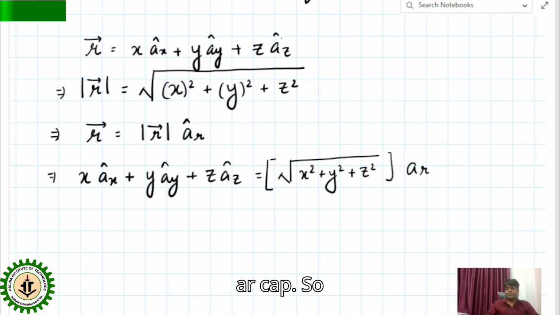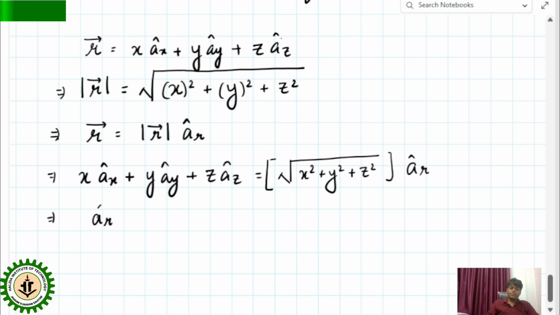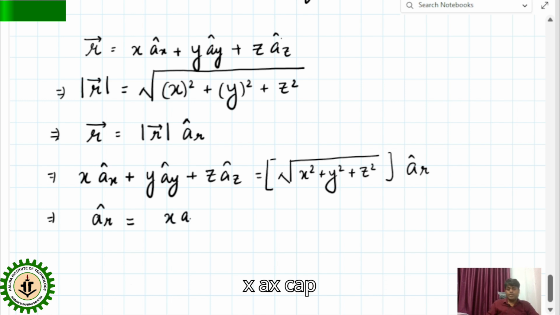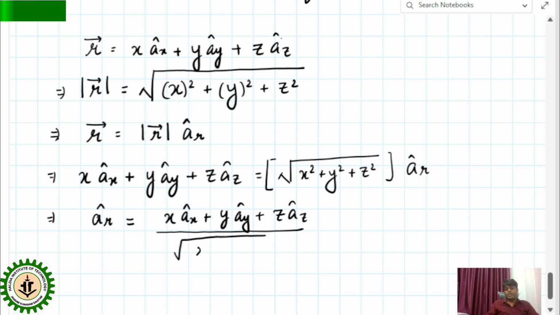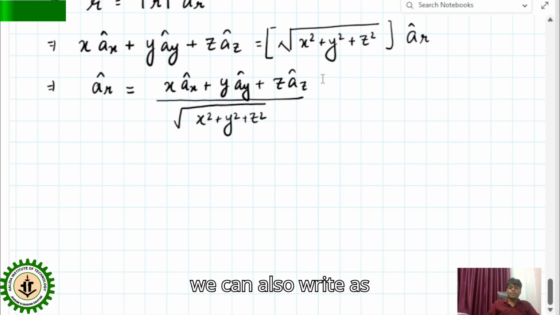So ar cap will be x ax cap plus y ay cap plus z az cap divided by the under root of x square plus y square plus z square.